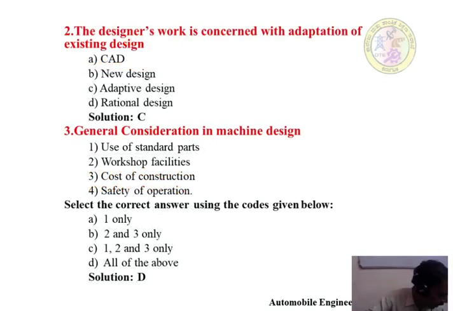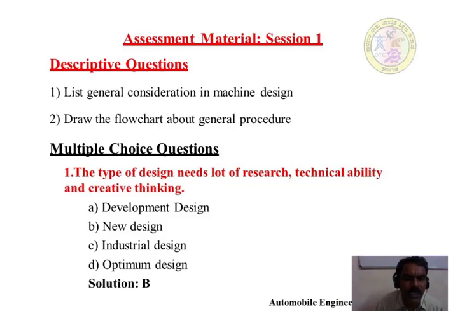Let us understand one by one. The first question is: the type of design that needs a lot of research, technical ability, and creative thinking. There are 4 options. First is development design, second is new design, third is industrial design, and fourth is optimum design. As we discussed, we understood what adaptive design, development design, new design, and optimum design are. As the statement says the type of design needs a lot of research, technical ability, and creative thinking, it comes under new design.